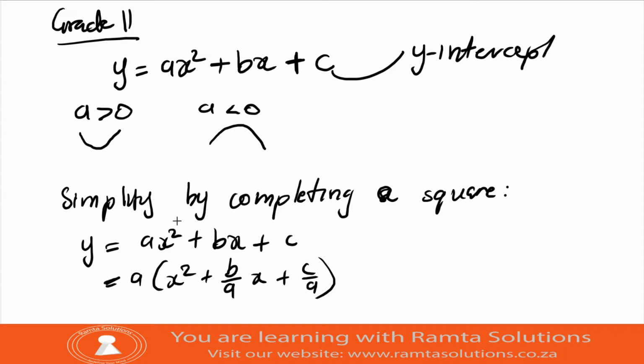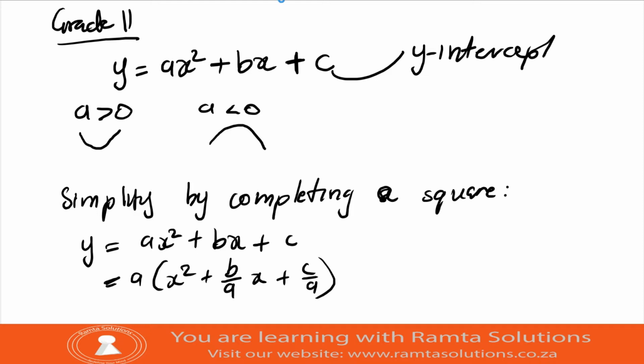Alright, remember, when you say this is a common factor, this multiplied by b over a will return b. This multiplied by c over a will return c. So this means our factorization is correct.